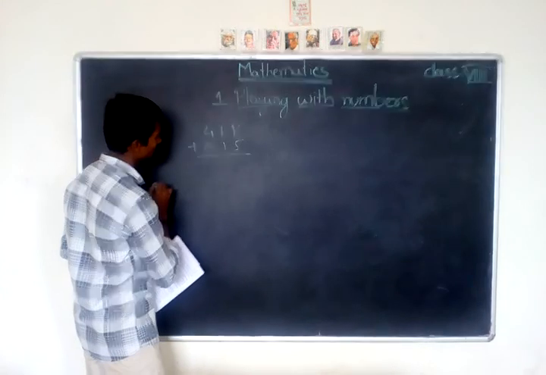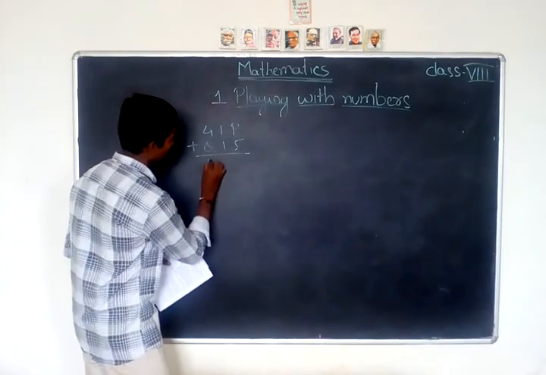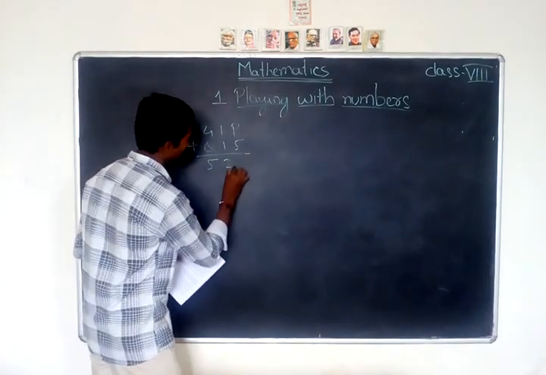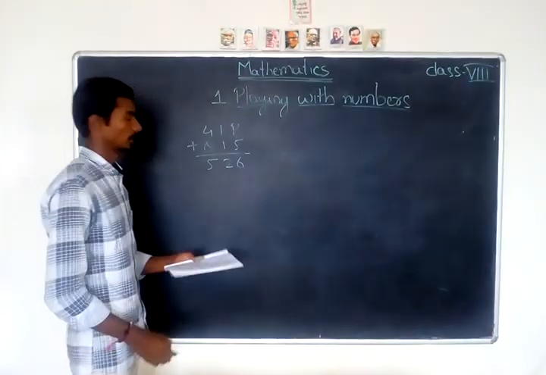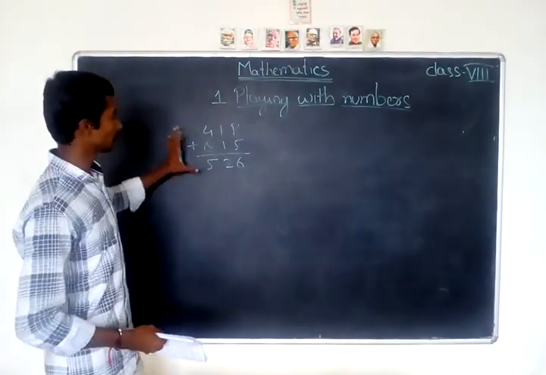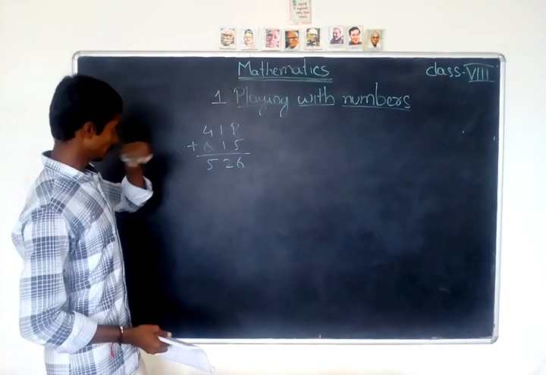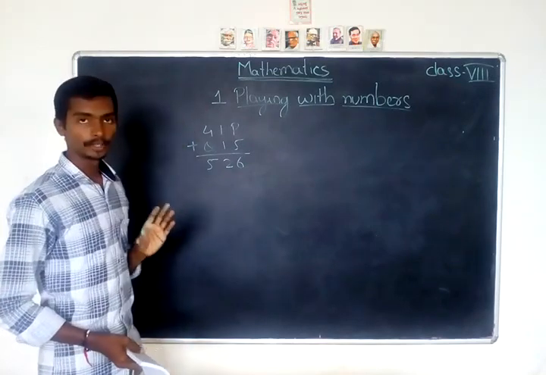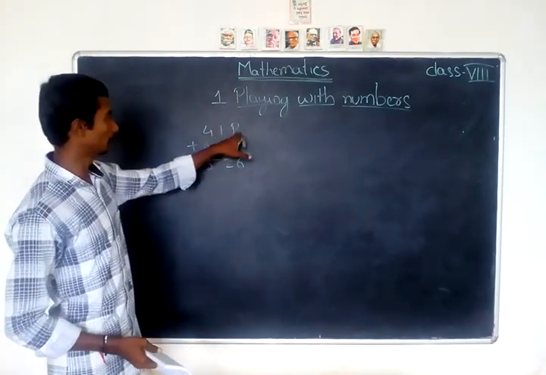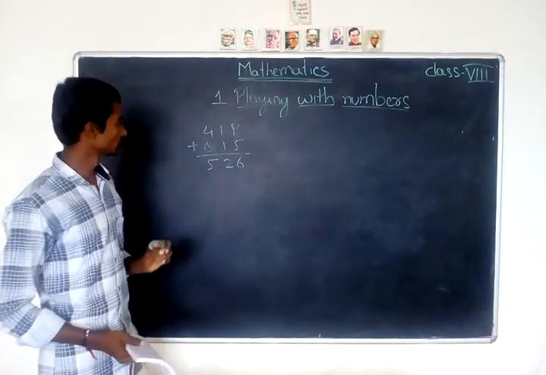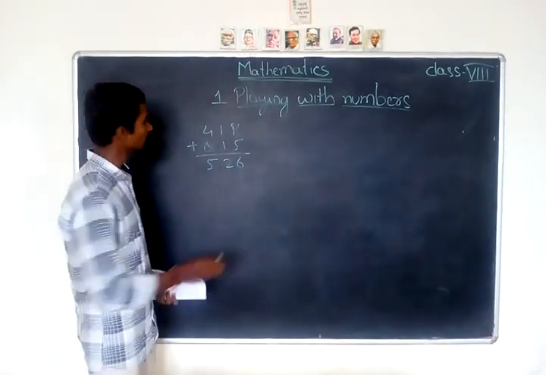Their addition is equal to 5-6. Okay. Now, this is the problem given. In this problem, we have to find the values of P and Q. Okay. How to find the value?